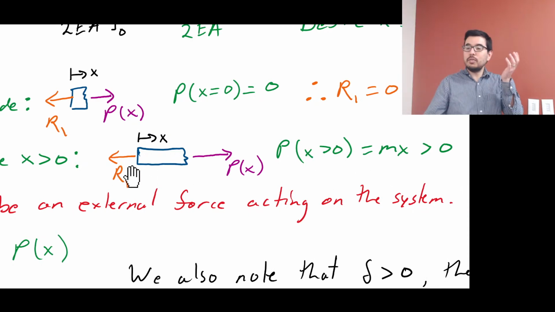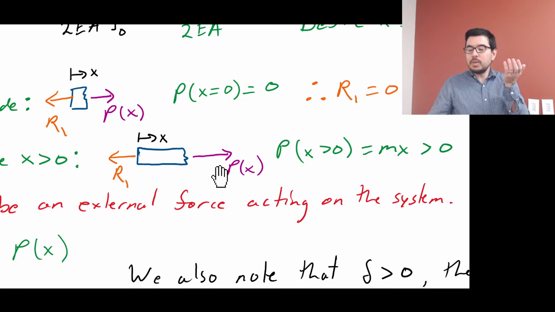You said there's no external force acting on this system, so R1 still has to be equal to P of x, but R1 just changed. And for statics, that's not good, because that was the external force, let's say on a wall on the left side.